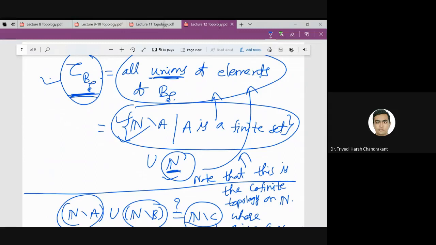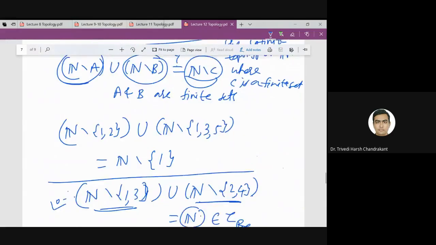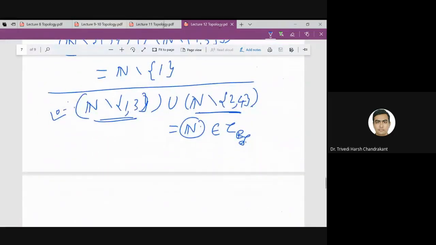That is exactly this. This is the cofinite topology, and that is exactly coming from this subbasis. For the cofinite topology directly, we are not able to clearly identify the basis. Therefore, this notion of the subbasis is important. So it gives this simple example of the finite complement topology for the natural numbers.